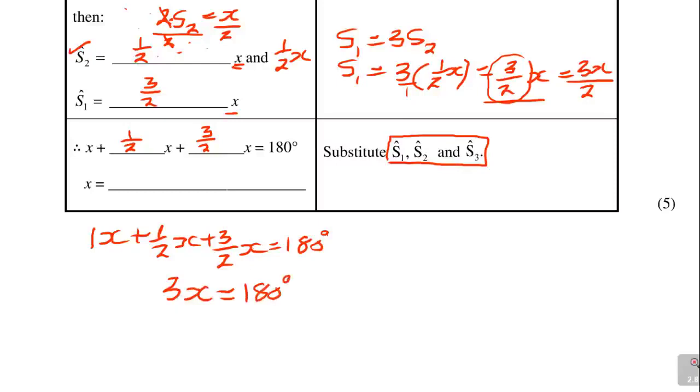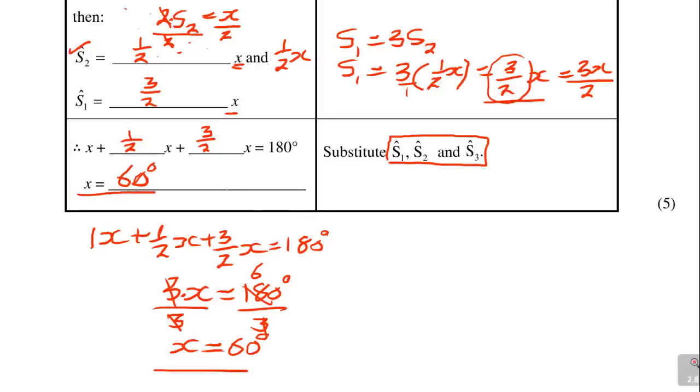Then remember, 3x is algebra, 3 times x. You divide by 3 on both sides to get that x. So what is x? X is equal to 180 divided by 3, which is 60. So x is equal to 60 degrees. So you needed to work it out so that you can do that.